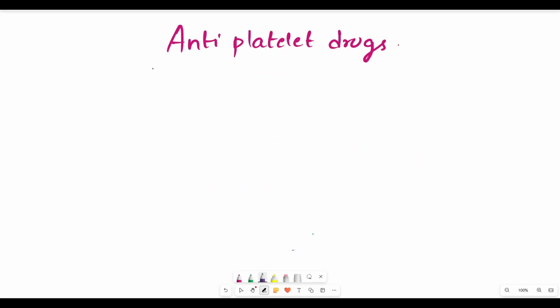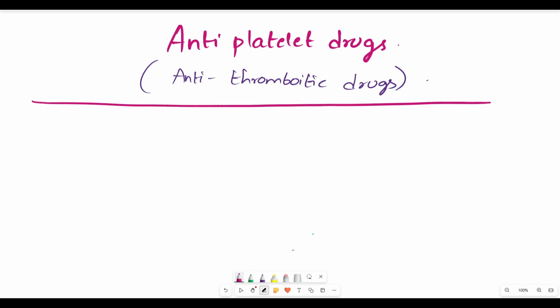Coming to the next one, antiplatelet drugs. Antiplatelet drugs are also called antithrombotic drugs. These drugs are further divided into four subclasses.